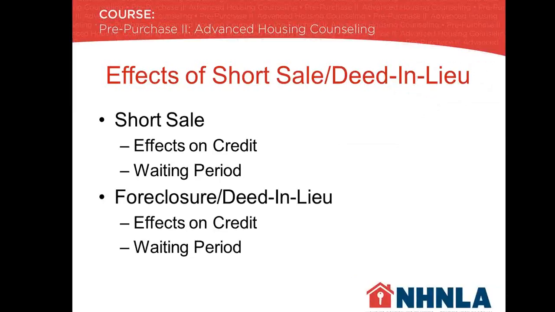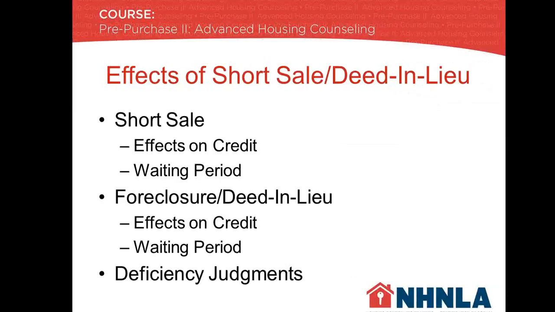A foreclosure or deed in lieu will result in a hit of 250 to 280 points on the credit score. And the waiting period for buying another home, again, may be at least 36 months, could be more, depending on the state.